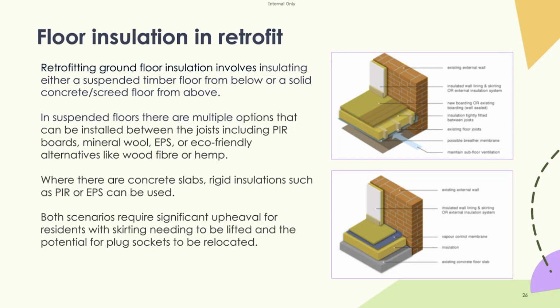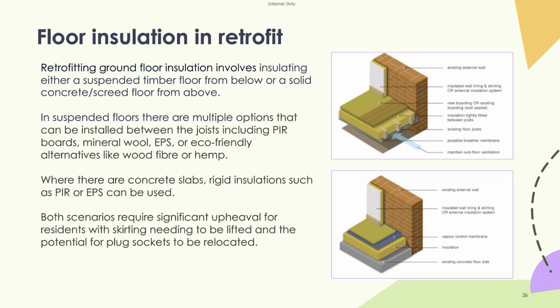We've got what would have been an uninsulated timber floor, and then you'll put in various different products. It can be mineral wool, it could be PIR boards, it could be EPS, or again you could use some of those eco-friendly alternatives like wood fiber and hemp, but they can effectively be cut into shape and fit between the floor joists, and then usually there'll be a netting or a membrane below to ensure that insulation is tightly fitted.